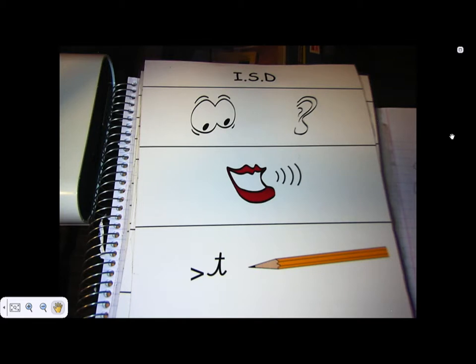W, echo, name, write. S, echo the sound. Tell me what you're going to write and write it. You should have 3 things for that one. Echo, name, write. D, echo, name, write.